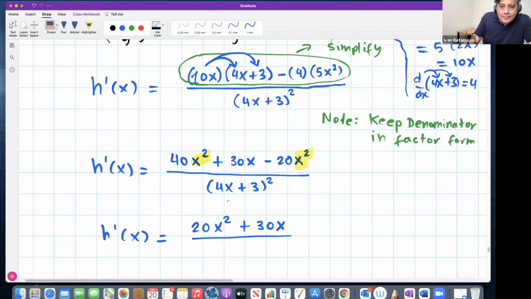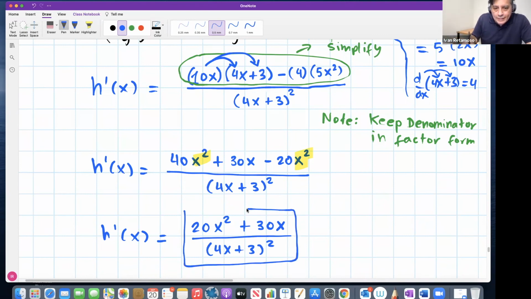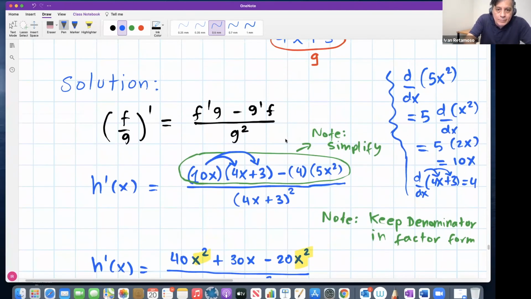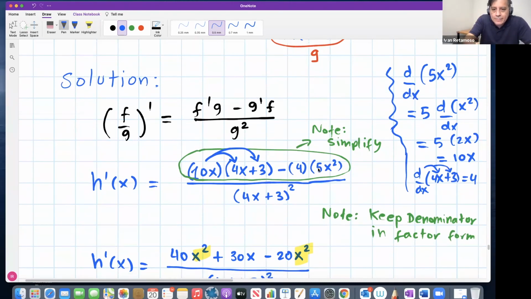Now the denominator, remember, keep it in factor form. This is the way you should present your final answer; this is how it will be posted among the multiple choices. It's called the quotient rule, and it's just the application of this formula. You need to memorize the quotient rule and product rule because we're going to use them a lot.